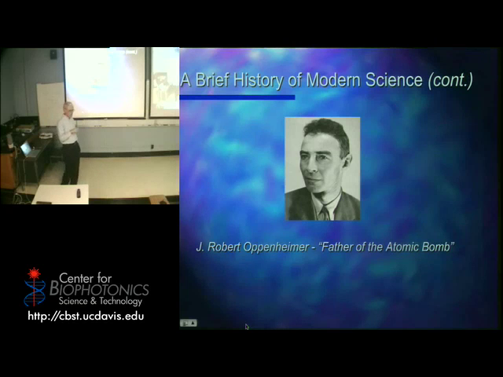So Groves turned to him to be someone who could bring the best scientists in the country, and in fact in the world, to this secret location in New Mexico to carry out this project. And he was surprisingly successful and surprisingly dedicated and skillful as an administrator. He threw himself into it completely.